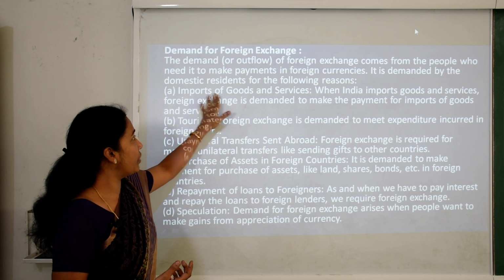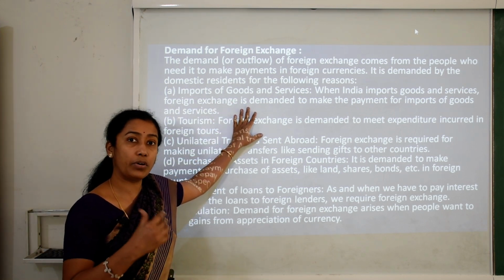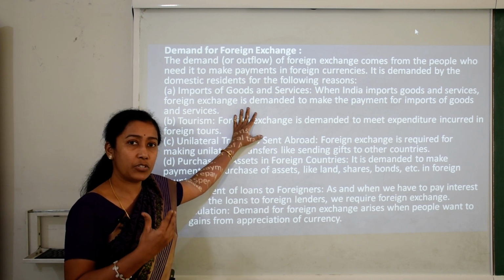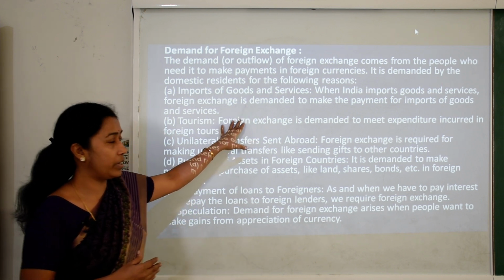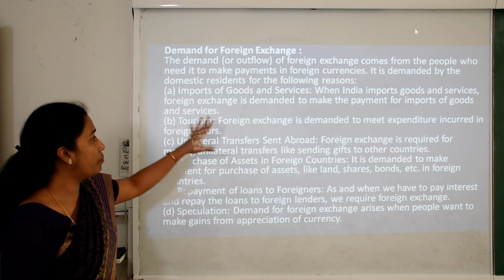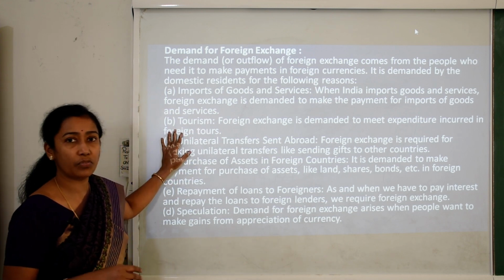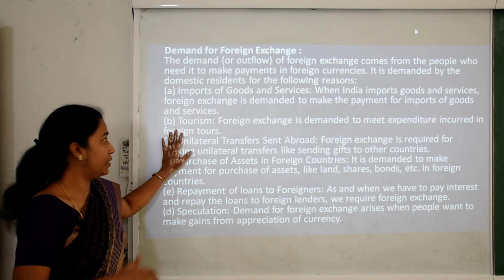First, because of imports of goods and services: if the normal residents of our country are engaged in import of goods and services from a foreign nation, they require foreign exchange. When India imports goods and services, foreign exchange is demanded to make the payments for those imports to other countries.